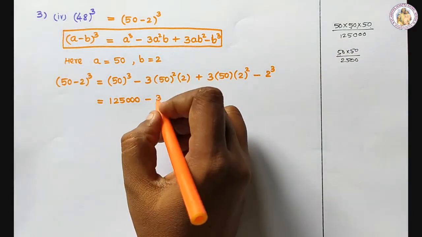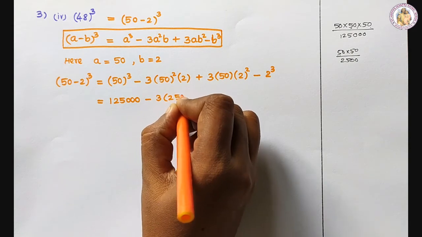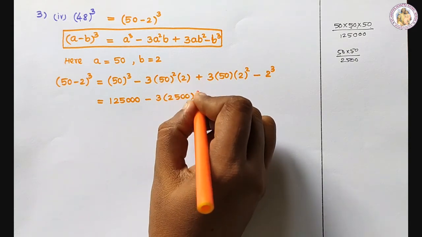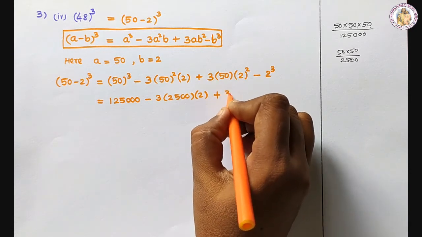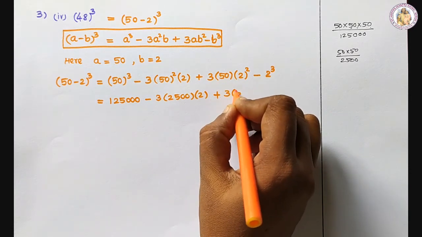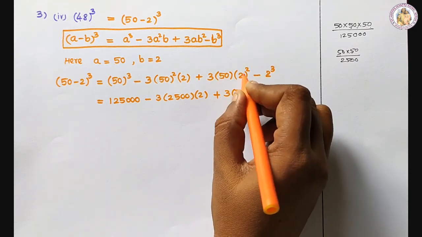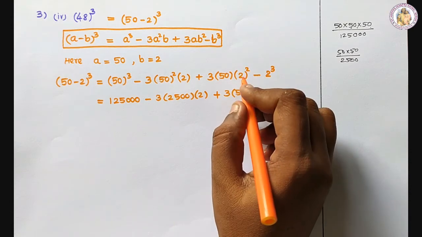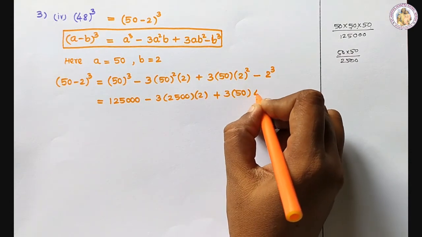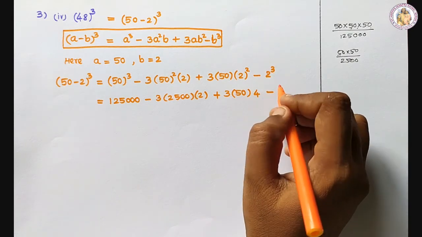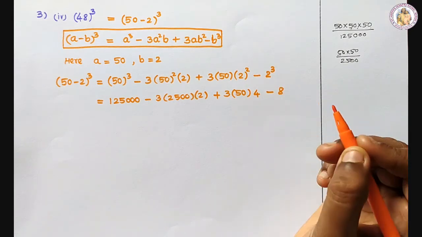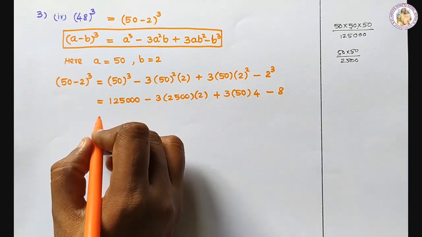So 2,500 into 2 plus 3 into 50 into 2 square. 2 square means 4, minus 2 cube means 8. 2 2s are 4, 4 2s are 8.